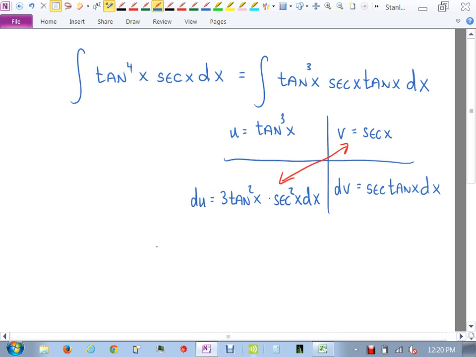So this integral becomes u v minus 3 times the integral of v du, so tangent squared x secant cubed x dx.